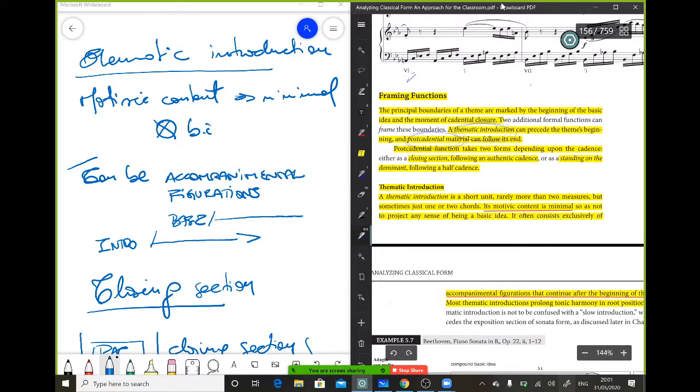Okay. So the framing functions are elements or resources that allow us to enrich the beginning and the ends of a theme. There is a topic that I would like to go through as well.